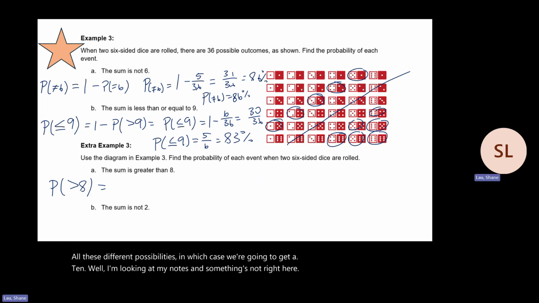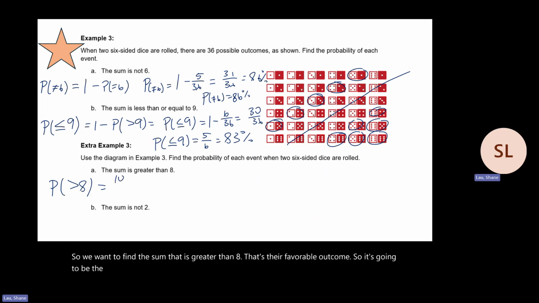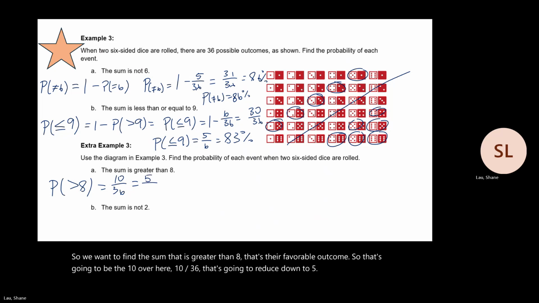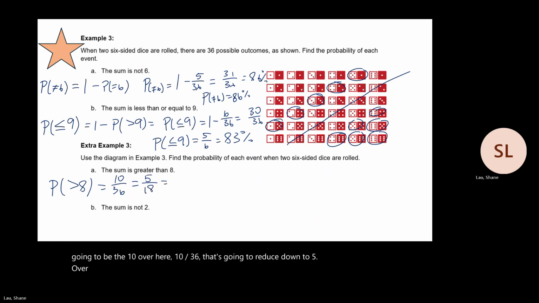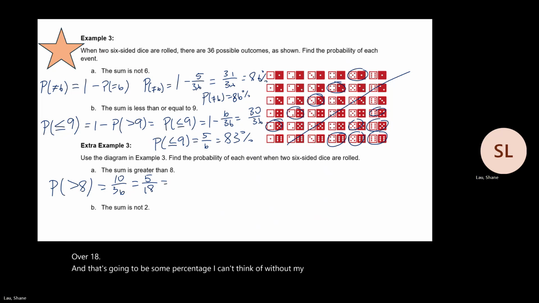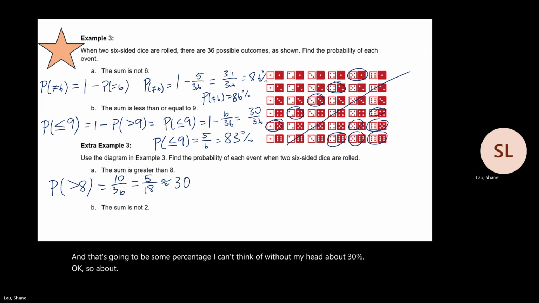So we want to find the sum that is greater than 8. That's our favorable outcome. So that's going to be the 10 over here. So 10 over 36. That's going to reduce down to 5 over 18. And that's going to be some percentage I can't think of off the top of my head. About 30%. Okay, so about 30%, something like that. Good.